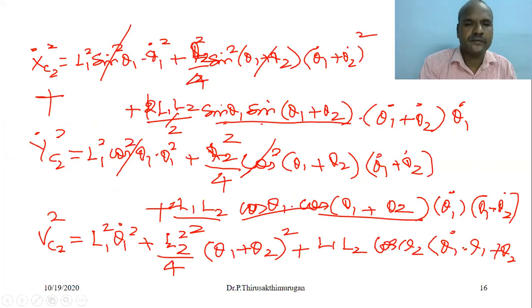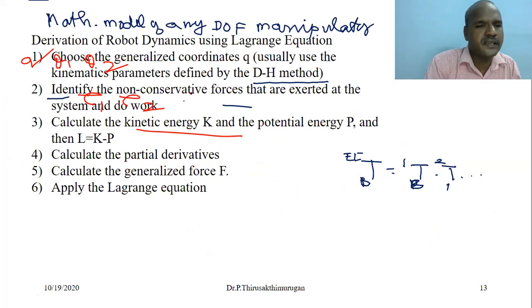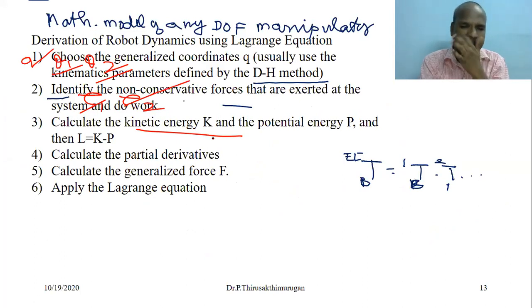Now, as per the discussion, first we found the parameters theta 1, theta 2, and the external forces tau 1, tau 2. Then we calculated kinetic energy and potential energy. Then we have to apply partial derivatives.